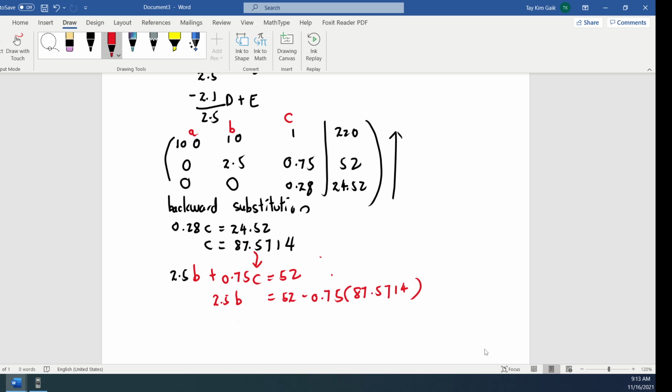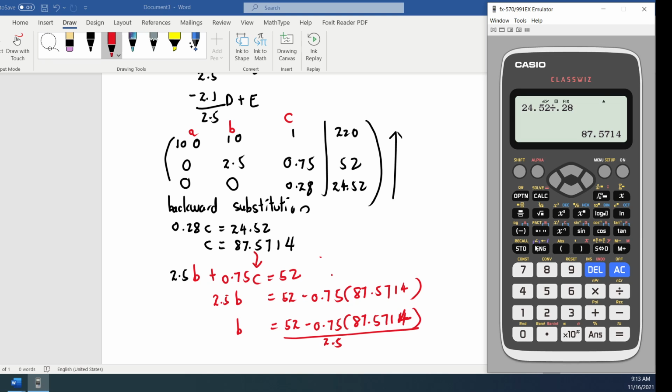Then solve for B, which is 52 minus 0.75 times 87.5714, divided by 2.5. You get negative 24.3142.